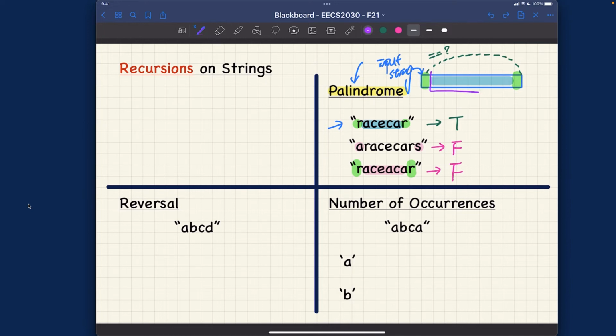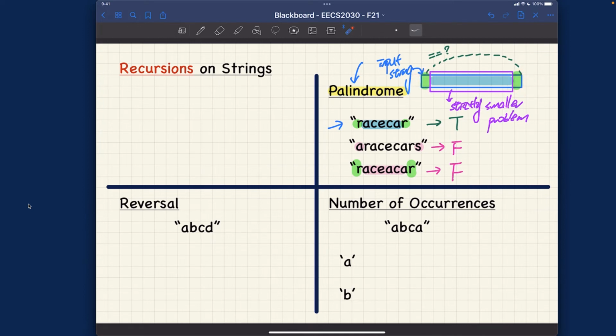You can think of this part over here as a strictly smaller problem to solve, because it has taken out the beginning and the end character from the original string. In that case, we can recursively solve whether or not this strictly smaller substring is a palindrome, and then combine that answer with whether or not the first and last characters are the same. So that's really the idea behind solving this palindrome problem.